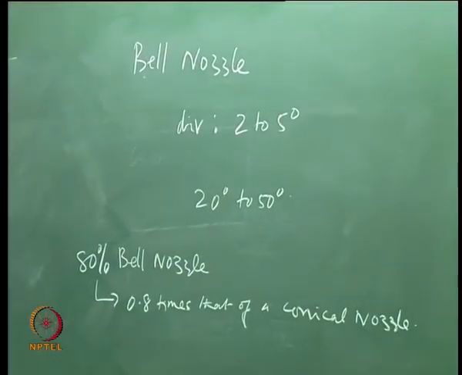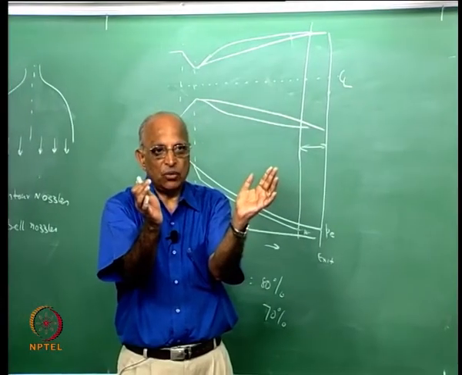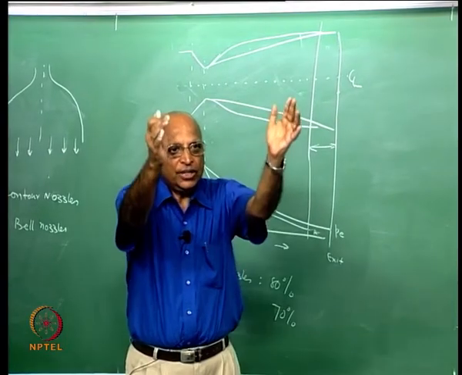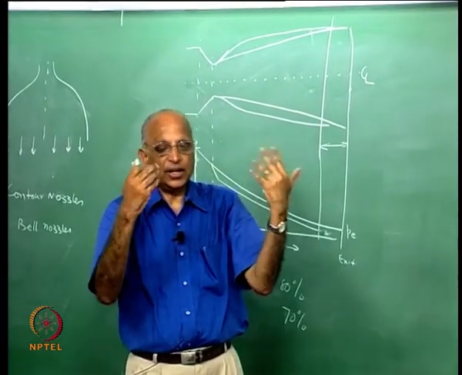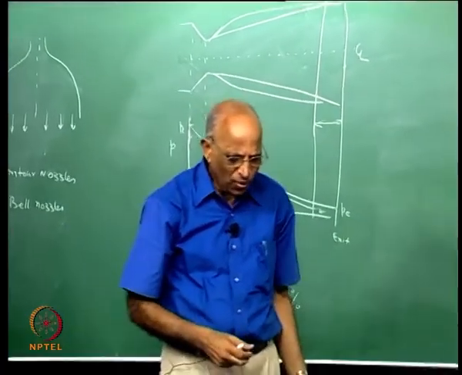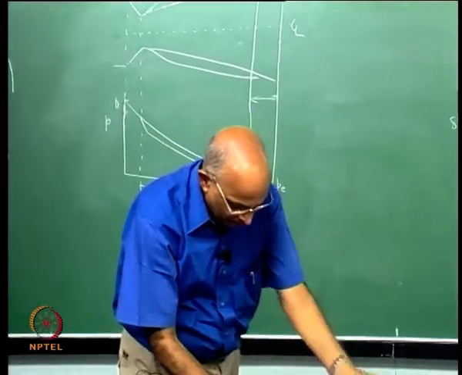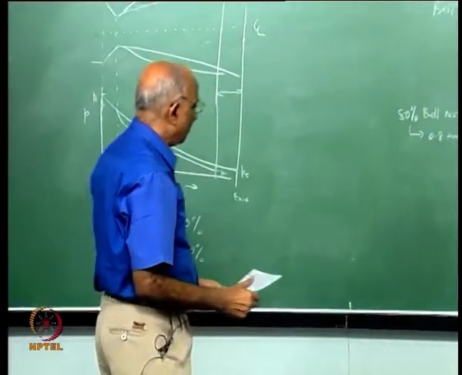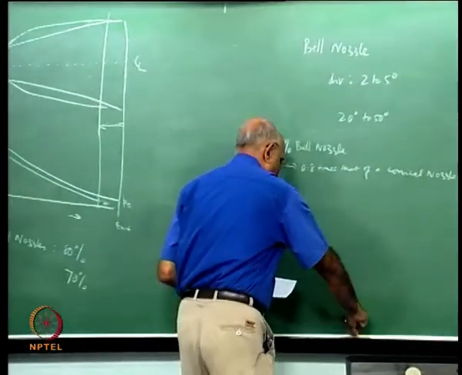What do we do in a bell nozzle? We immediately expand downstream of the throat, allow the divergence to be smaller such that I lose less by nature of the divergence loss. In fact, one paper which all of us must read is by, I will give you that paper here, it is very important.